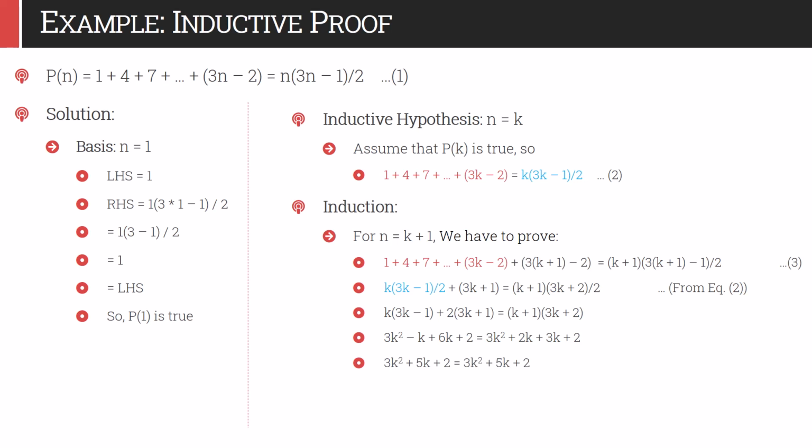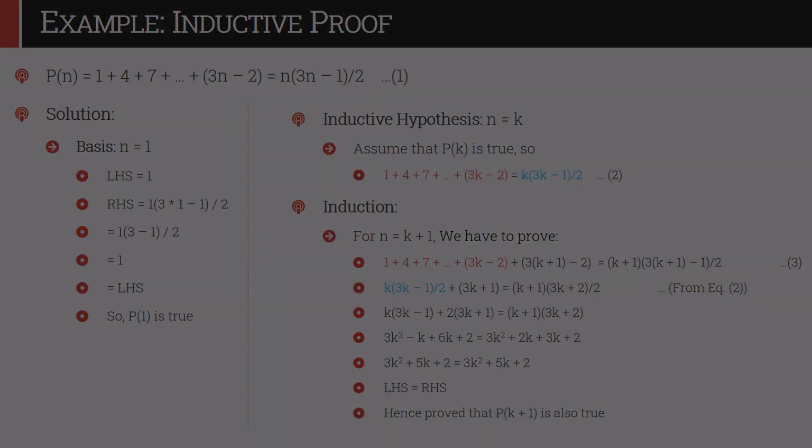That says that whatever we assumed in equation number 3 is proved. The left hand side is the same as the right hand side. So it is proved that the given claim is true for n equal to k plus 1 also. Hence the induction holds, and we can say that the given statement P(n) is true for any value of n.